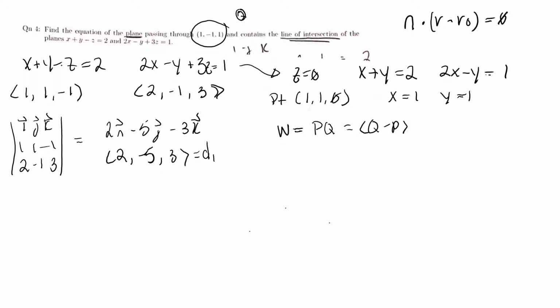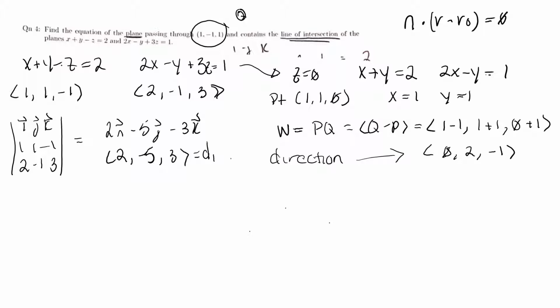After finding this, we get 1 minus 1, 1 plus 1, and 0 plus 1 for an overall vector of (0, 2, -1). Now we have two vectors that tell us the direction, this one and that one.